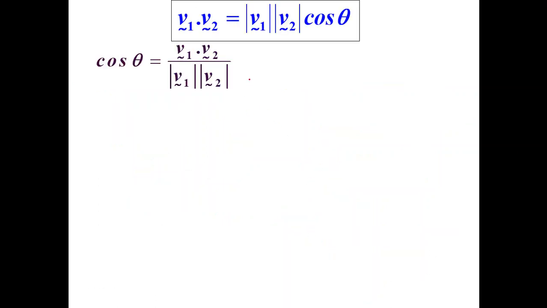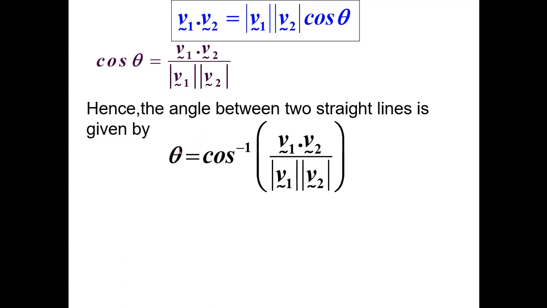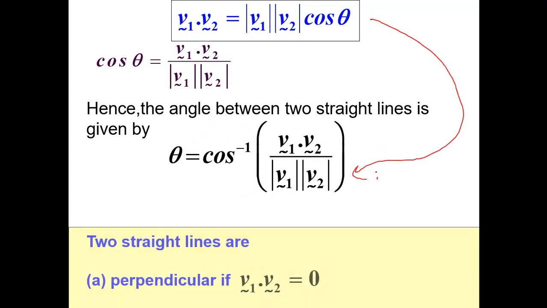Then we get that cos theta is equal to vector v1 dot vector v2 over modulus of v1 times modulus of v2. Hence the angle between the two straight lines is found using cos theta and this formula.